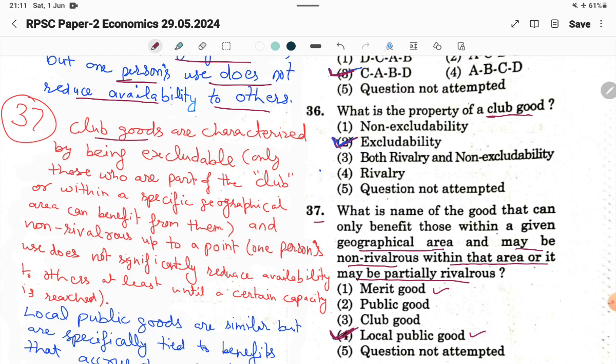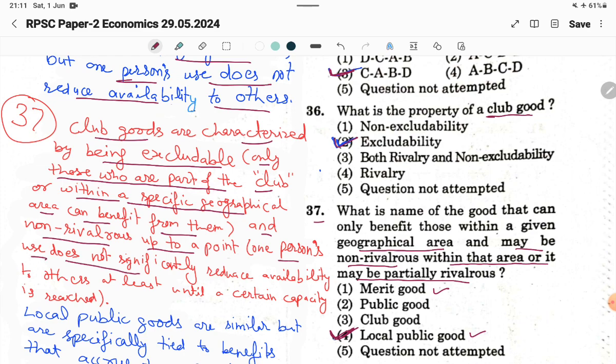Club goods are characterized by being excludable, only those who are part of the club or within a specific geographical area can benefit, and non-rivalrous up to a point. One person's use does not significantly reduce availability to others, at least until a certain capacity is reached.